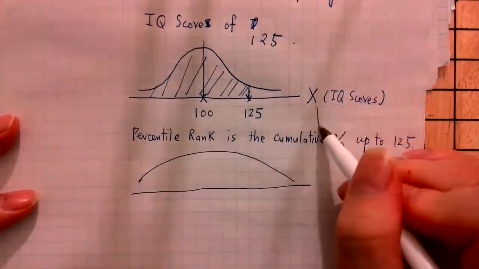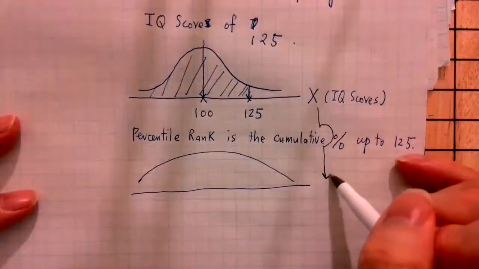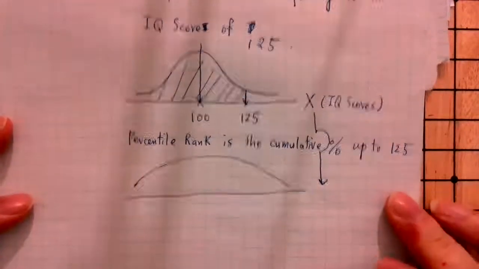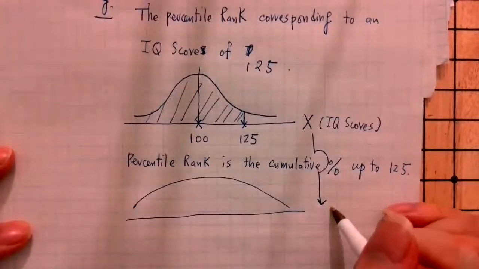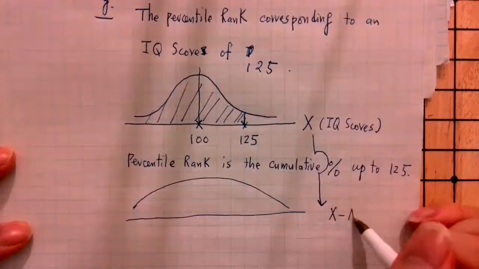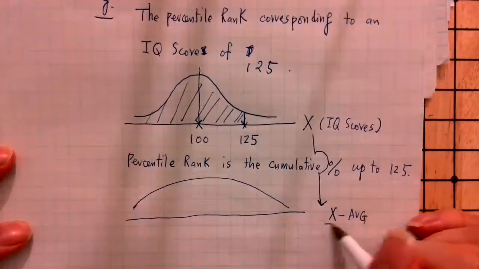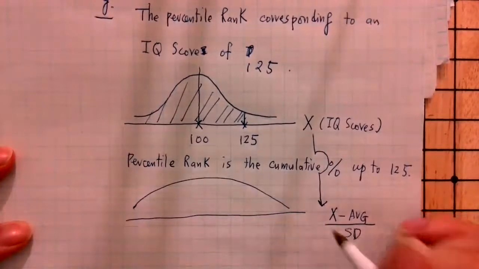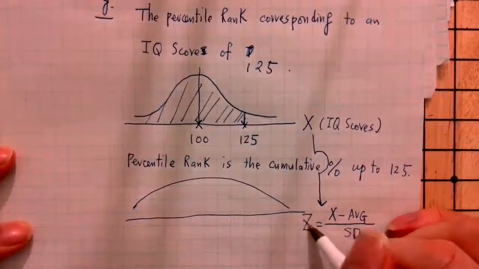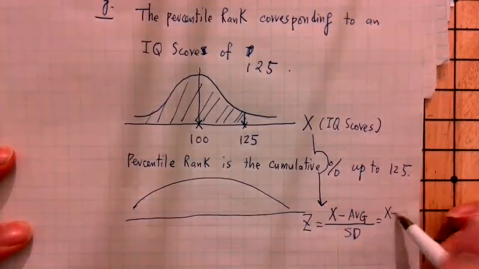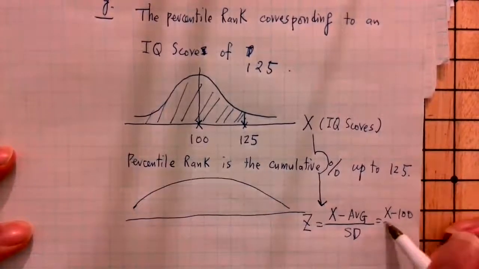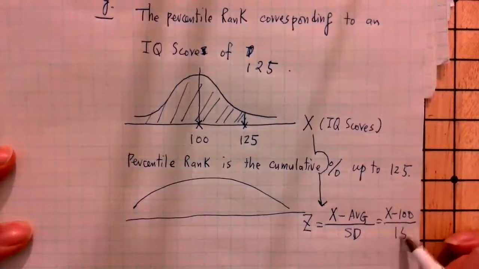As usual, we need to standardize this. How does standardization work? X subtract its average, divided by the standard deviation, and we convert to a z-score. Average is 100, standard deviation is 15.